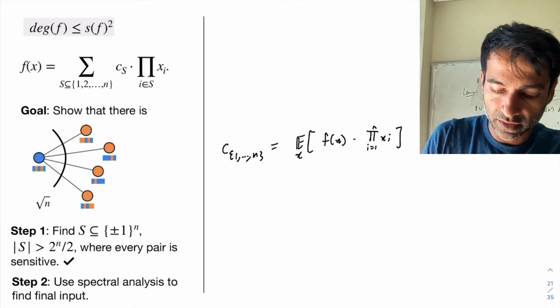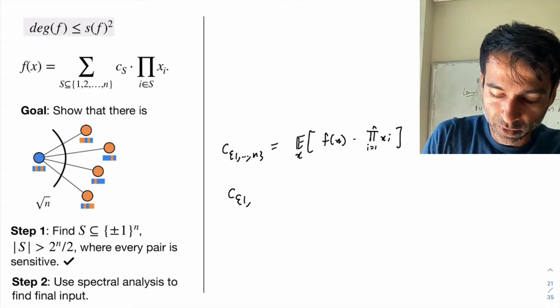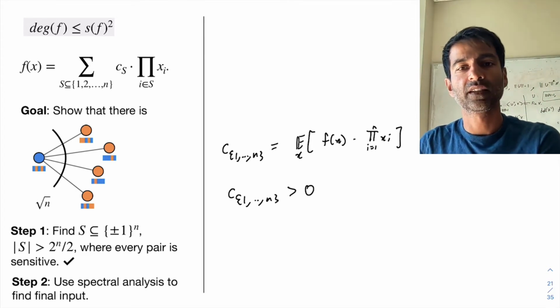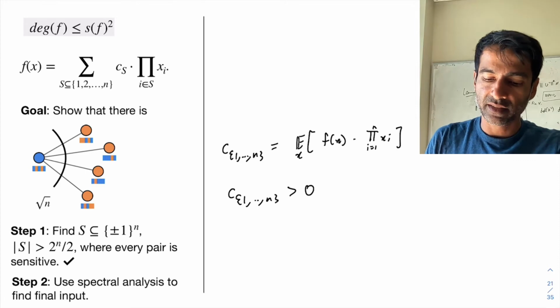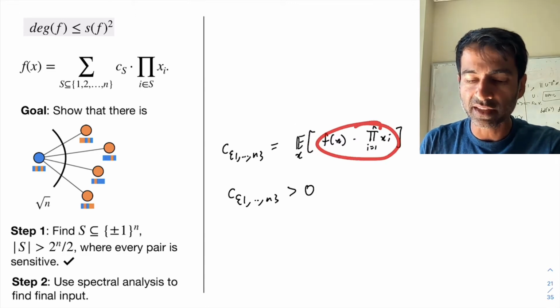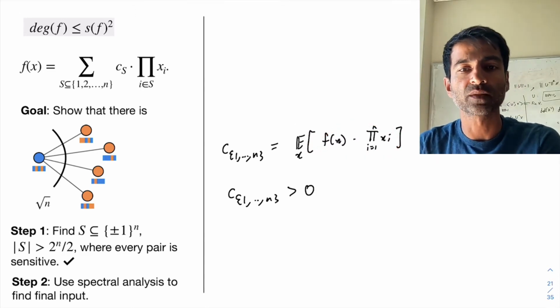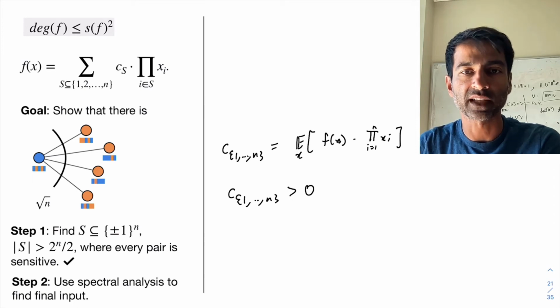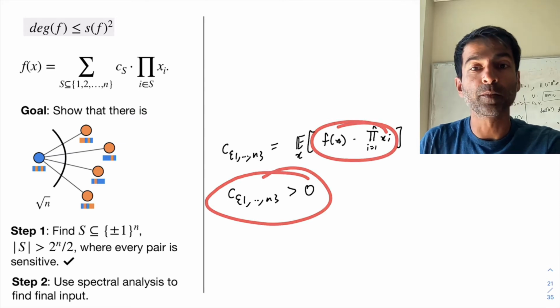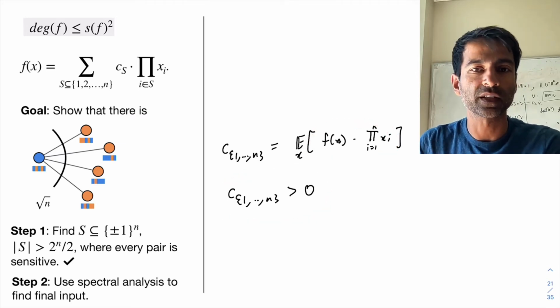Now suppose, for example, that the top coefficient is positive. It means that what's written inside here is either plus 1 or minus 1 for every input x, and if this is positive, there must be more plus 1 values than minus 1 values.